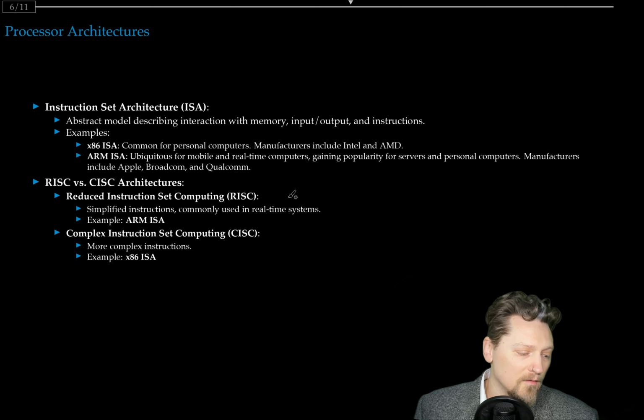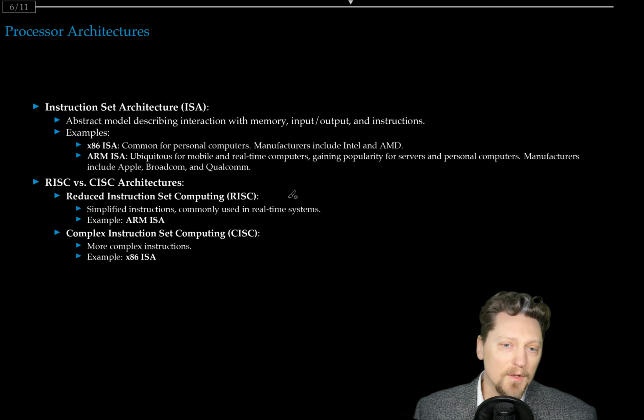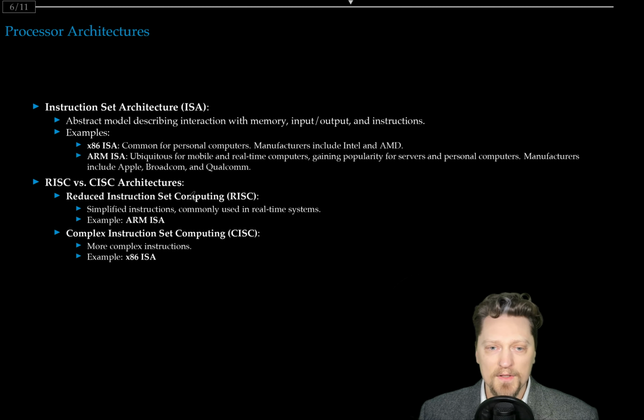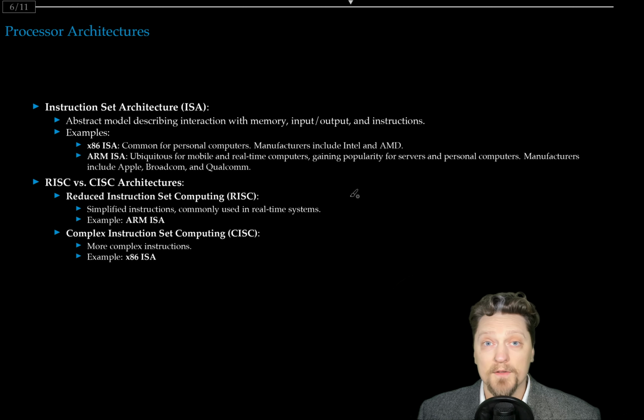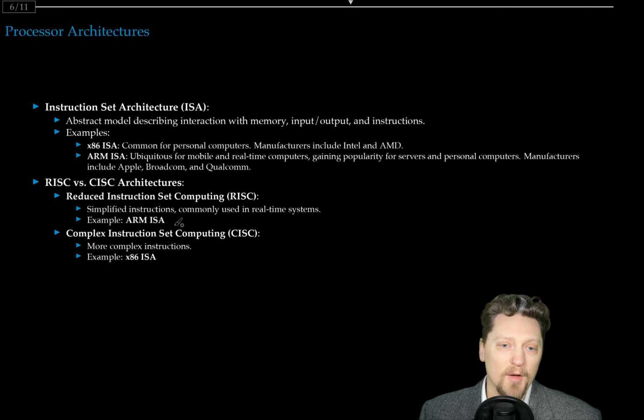Our myRIO boards that we're using in this course are ARM architecture. So RISC versus CISC architectures: reduced instruction set computing, or RISC. These are architectures with simplified instructions, fewer instructions, commonly used in real-time systems, and ARM is an example.